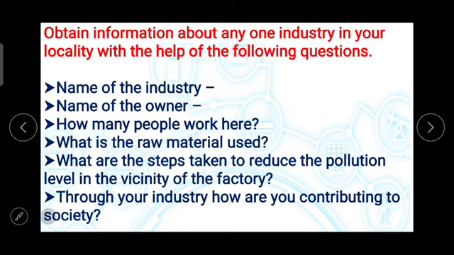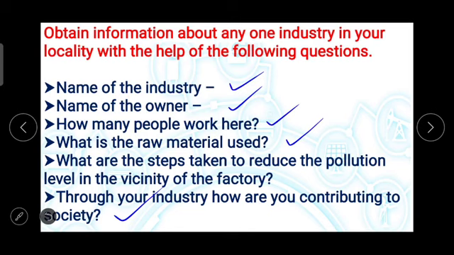The first thing, name of the industry, the name of the owner, how many people work here, then what is the raw material used, what are the steps taken to reduce the pollution level in the vicinity of the factory, and through your industry, how are you contributing to society. All these points you have to cover while obtaining or collecting information of the industry which is in your surrounding or in your locality.